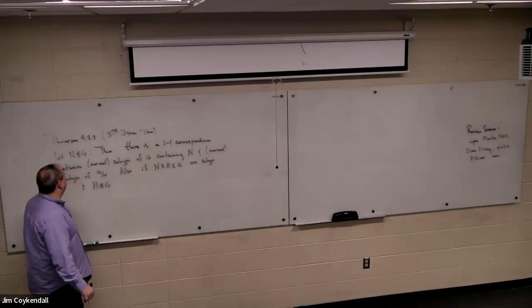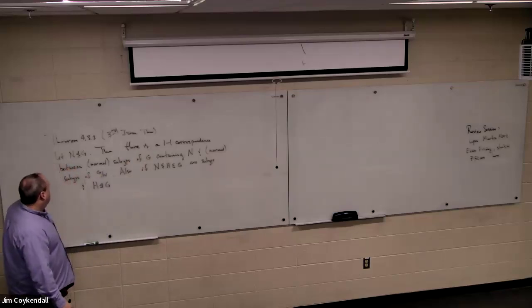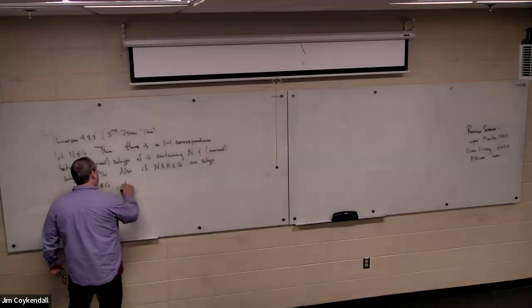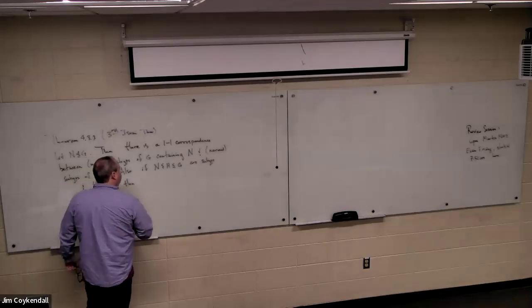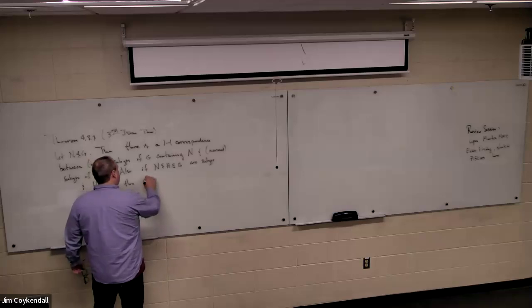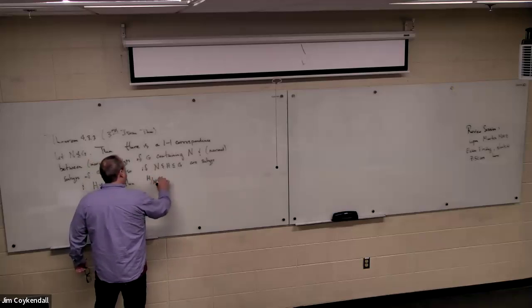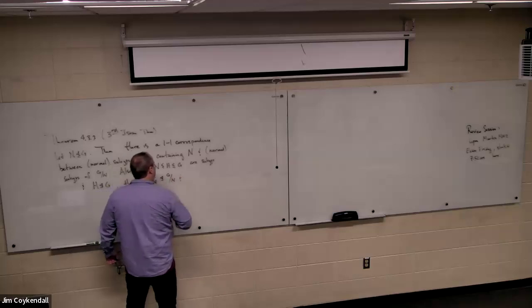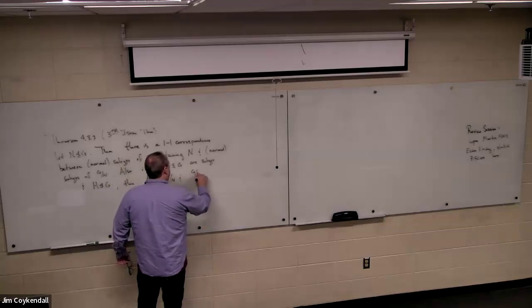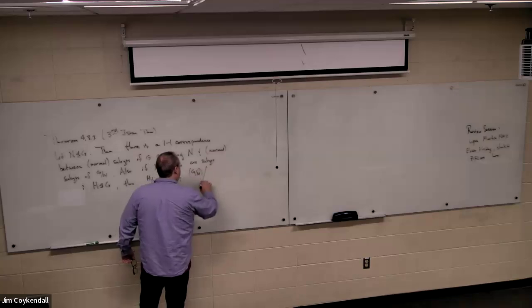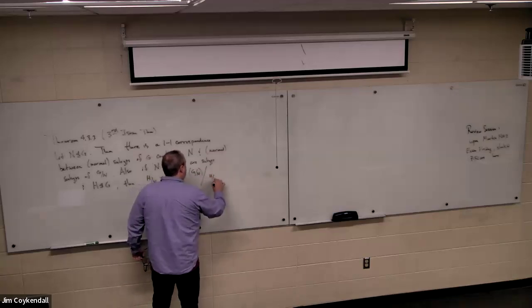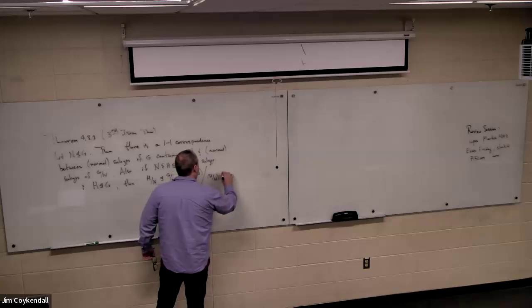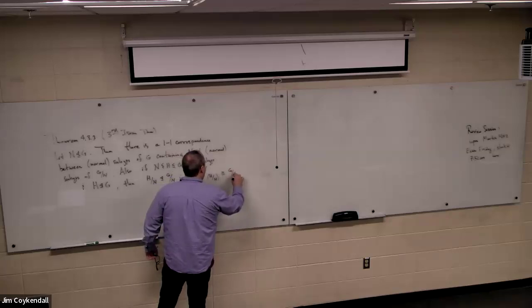It's a blanket assumption here. Then H mod N is normal in G mod N and G mod N mod H mod N is isomorphic to G mod H.